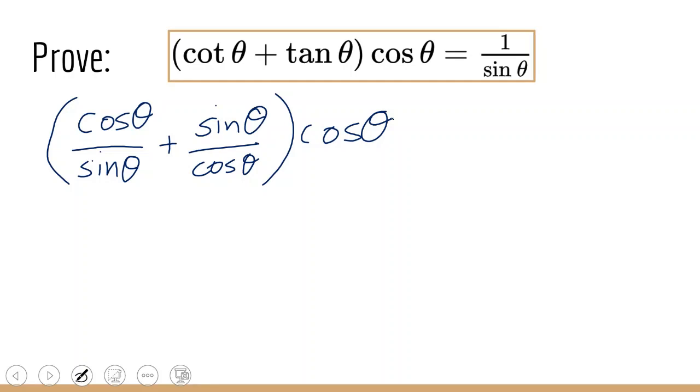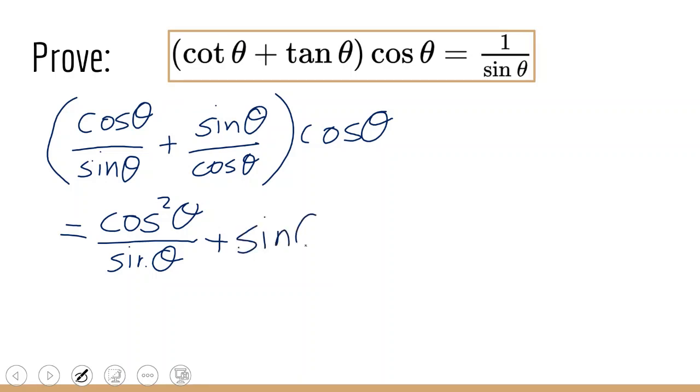Let's continue working on the left-hand side first. Let's expand out these brackets. The first term will become cosine squared theta over sine theta. The second term will simply become sine theta after expansion. Let's put them all in one fraction, and to do that, I'm going to make sine theta the denominator.